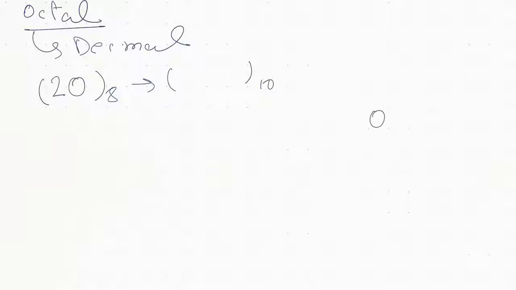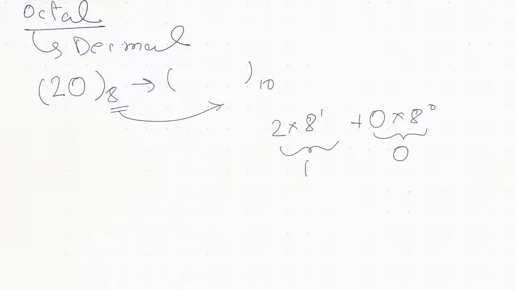It is basically 0 times 8 to the power 0, because we are converting from base 8 to base 10, and 2 times 8 to the power 1. This will evaluate to 0 and this will evaluate to 16, so it will finally evaluate to 16. So 16 in decimal is equivalent to 20 in octal.